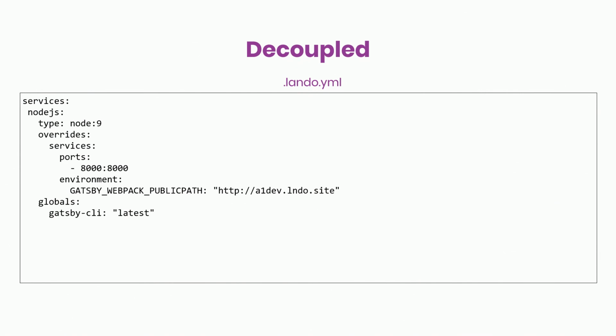Because I'm using Gatsby, and Gatsby uses port 8000 when you're doing the development, I wanted to expose port 8000. I also wanted to set an environment variable inside the Node container so that when Gatsby's running, it can pick that up. And then globals, that just lets Gatsby know that it wants to install the latest version of Gatsby.